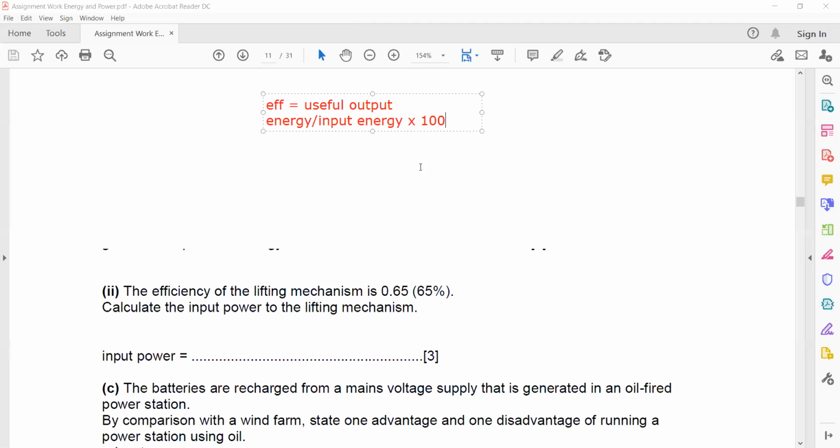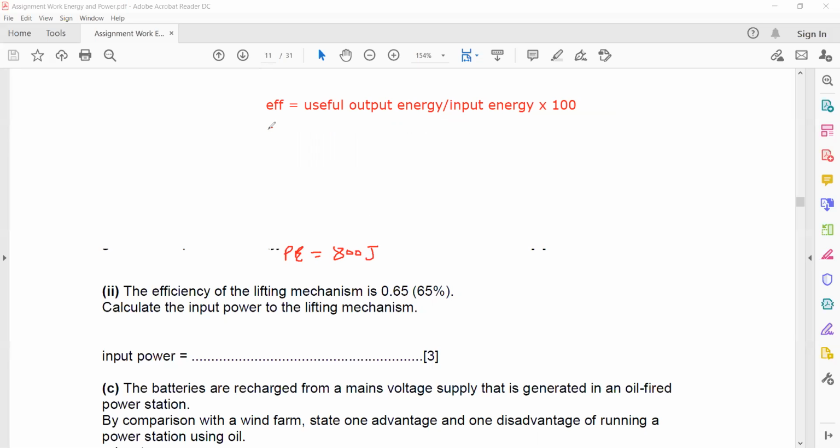It can be in terms of power, but because in the previous part I calculated the energy, I wrote this formula in terms of energy. The potential energy which we calculated in the previous part was 800 joules.